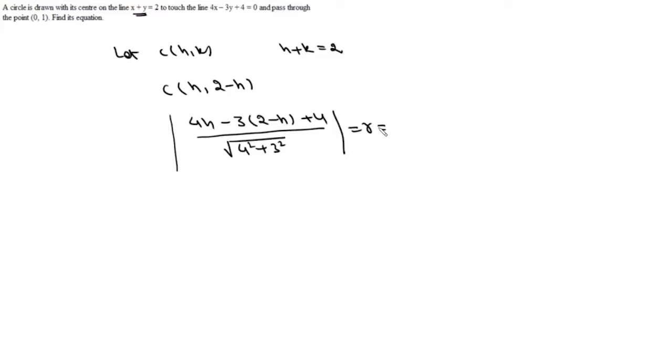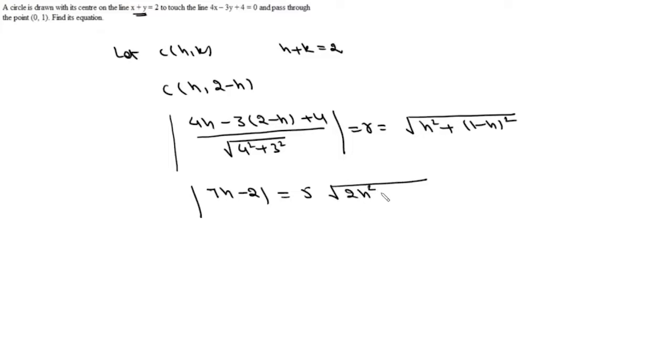We can write this radius in terms of the distance of the center from this point on the circle, so it will be √(h² + (2 − h − 1)²), where 2 − h − 1 is 1 − h. Now this is simply (7h − 2)/5, and it will be equal to √(2h² − 2h + 1).